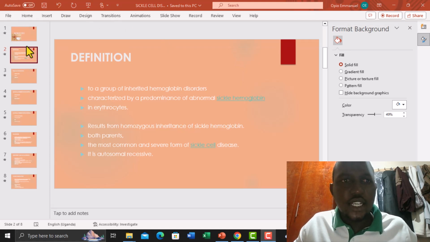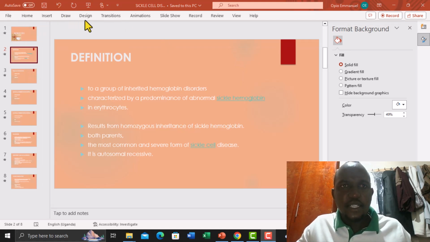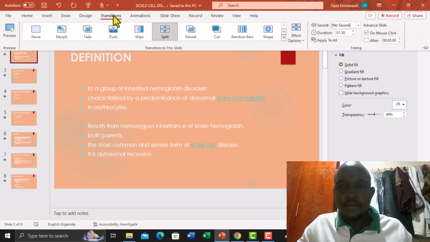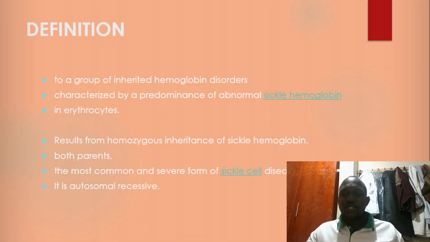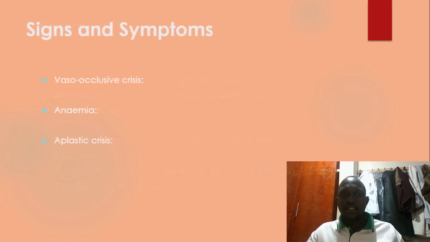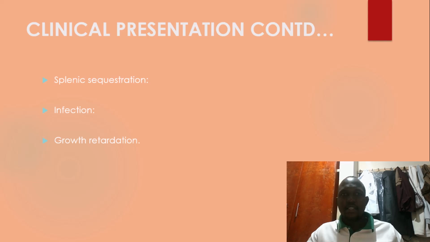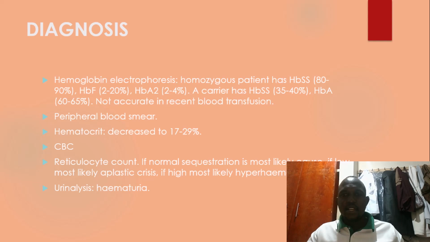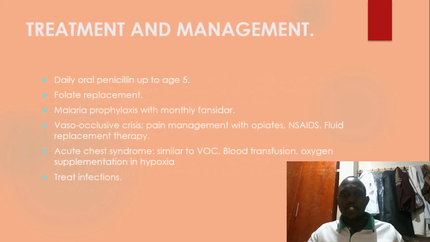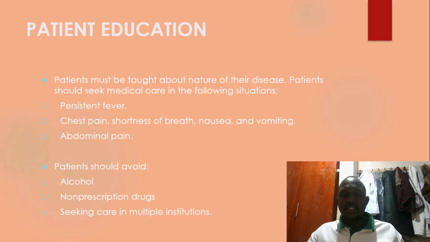To use a split, we look at transition, then we choose split, then apply to all. When we apply to all, we can go to the slideshow. So you see how it looks, and it keeps splitting, showing you how it will look with the transitions.